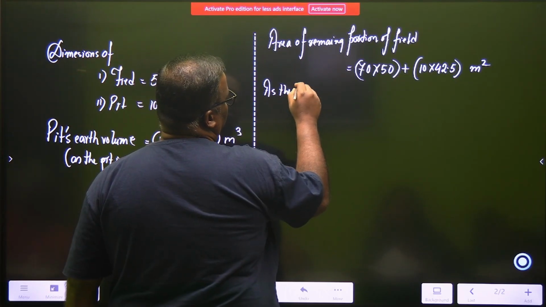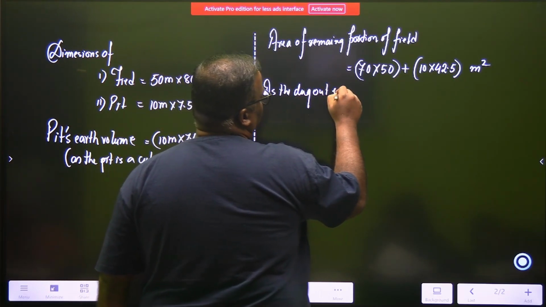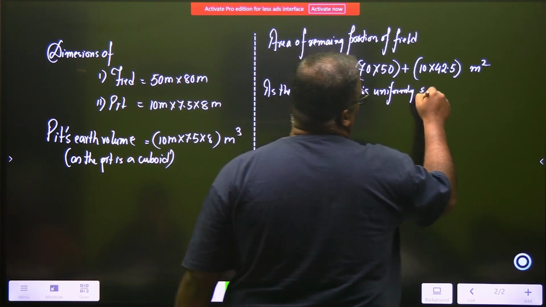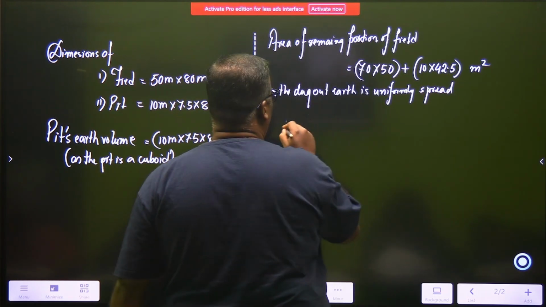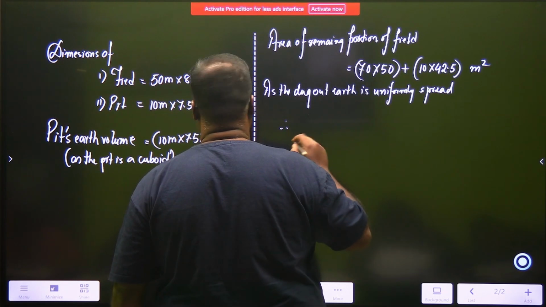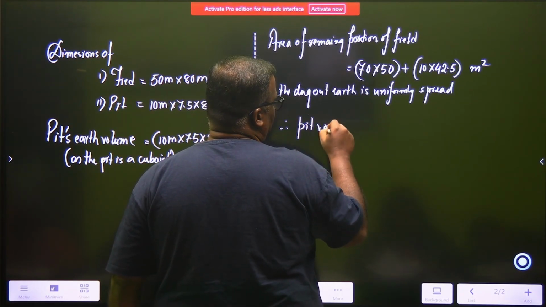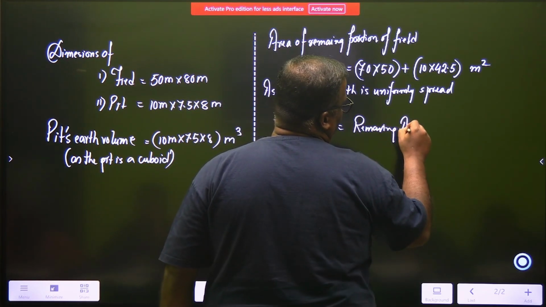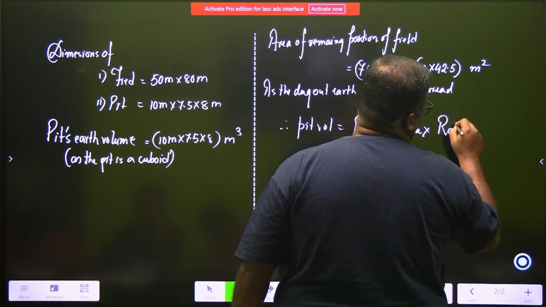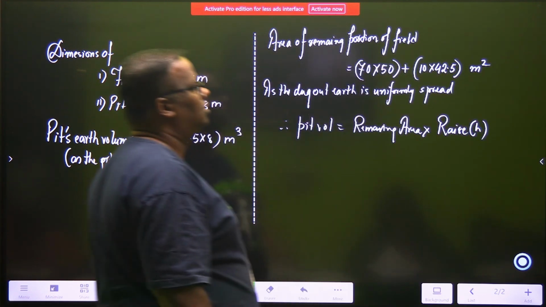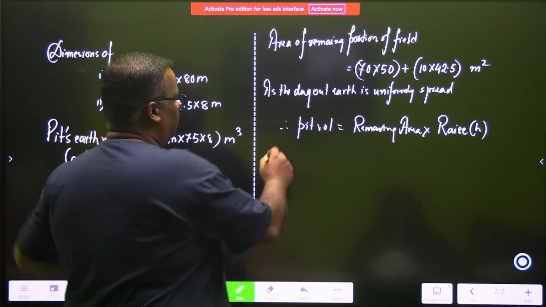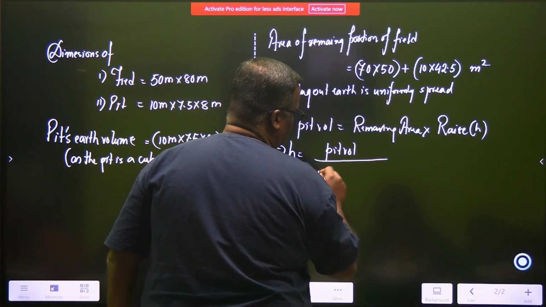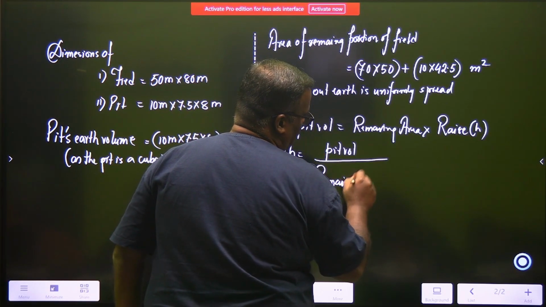As the dugout earth is uniformly spread, therefore pit volume should be equal to remaining area into the rise, which we are taking as H. So we say H equals pit volume divided by remaining area.